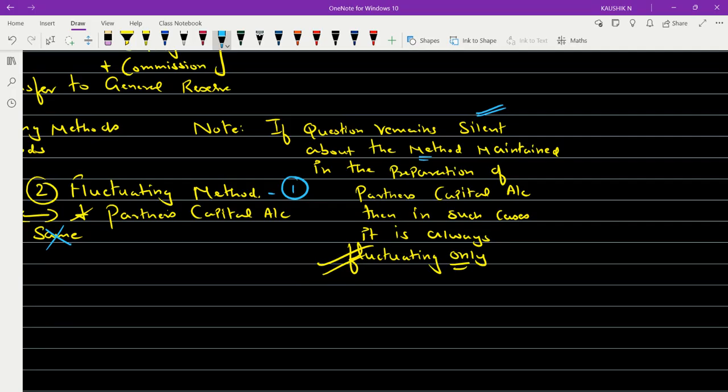So if the method of maintenance of the capital is not mentioned in the question, we assume the firm is adopting the fluctuating capital method. Am I making sense to you? Can you understand so far? Any doubt?